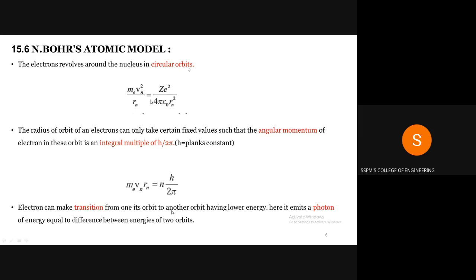The next hypothesis: the radius of the orbit of an electron can only take certain fixed values such that the angular momentum of electrons in these orbits is an integral multiple of h upon 2 pi.